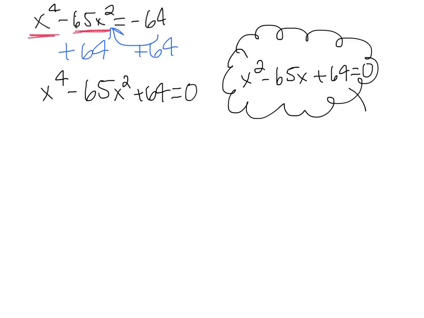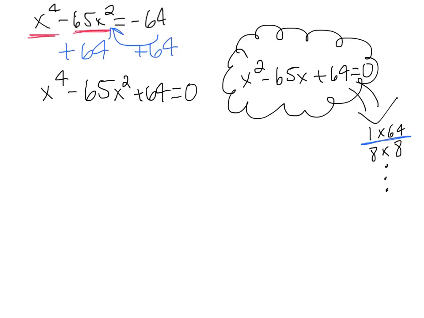Well, if that's the case, that's a lot easier to solve because, let's think of the factors of 64. That would be 1 times 64 and 8 times 8 and etc. There's going to be a bunch of them. Well, I already see one pair of factors that, if I combine them in some way, will give me 65.